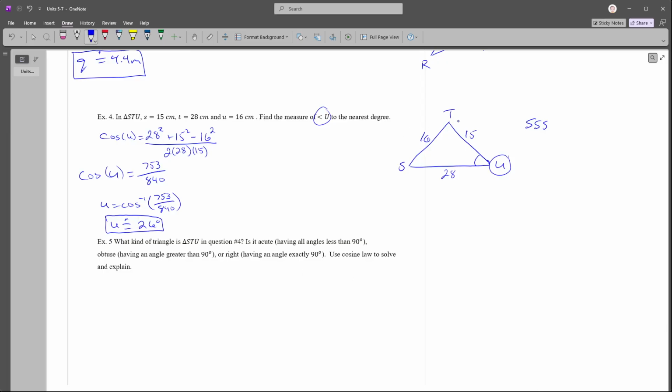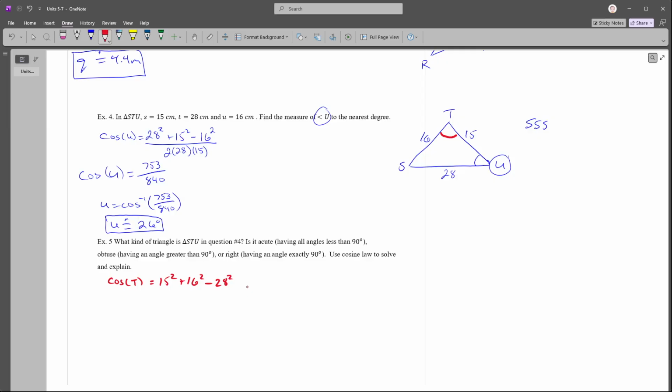Now we just calculated for U, which was 26 degrees. So we could calculate for any one of the other 2 angles now. Let's say we're calculating for T this time. Okay, so it's still the same idea. So we're going to have the cos of angle T is going to be equal to, so the sides around it, 15 squared plus 16 squared minus the side across from it, which is 28 squared.